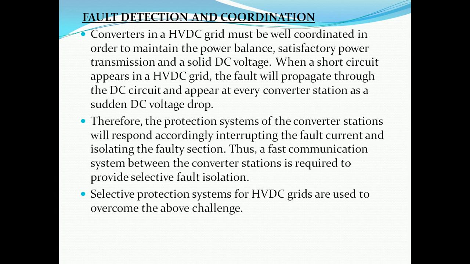Hence, protection systems of the converter stations will respond accordingly to interrupt the fault current and isolate the faulty section. Hence, a fast communication system between the converter stations is required to provide selective fault isolation. Selective protection systems for HVDC grids are also used to overcome the above challenges.